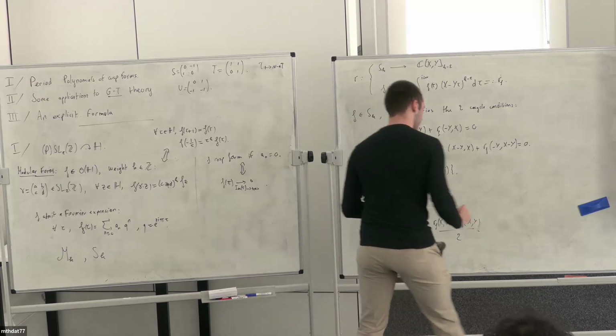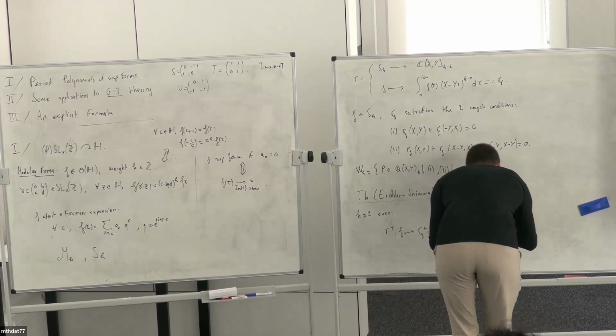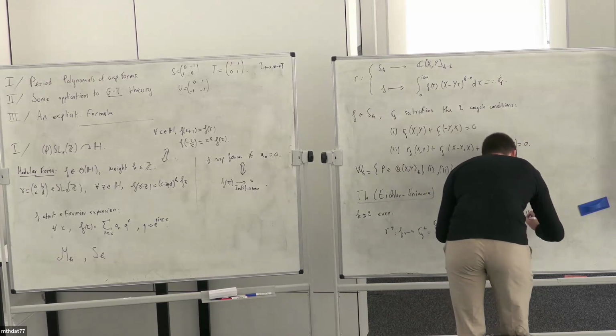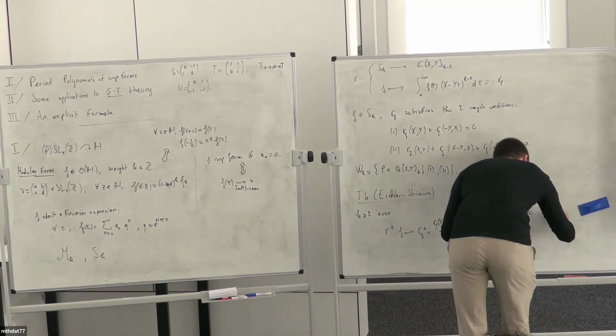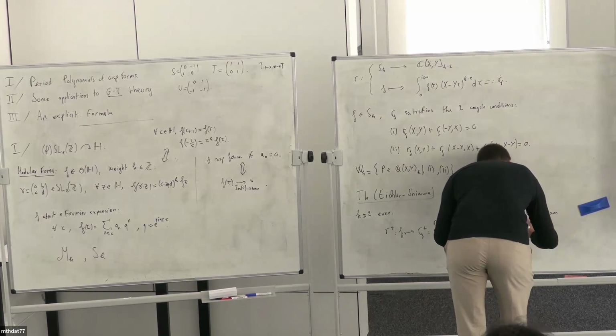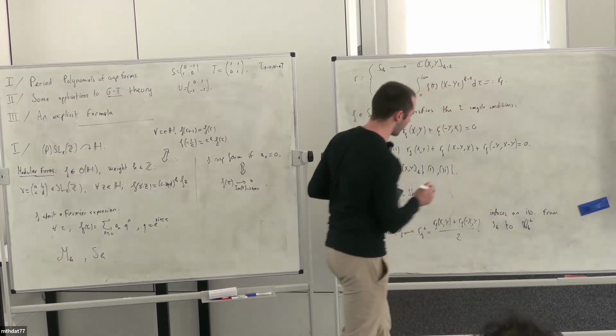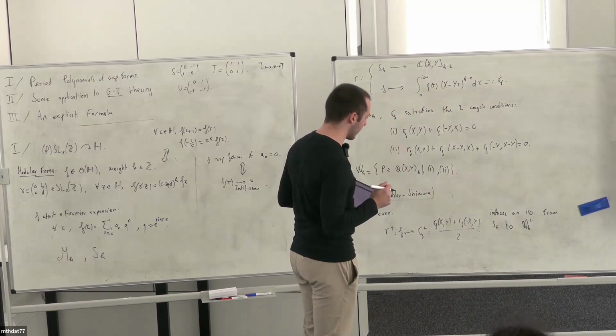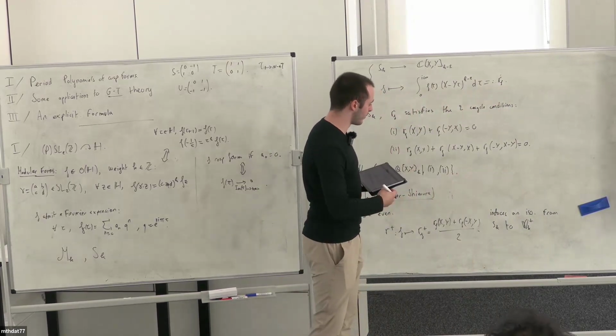So this induces an isomorphism, a linear isomorphism from the space of cusp forms Sk to the subspace of Wk given by the even parent polynomials.